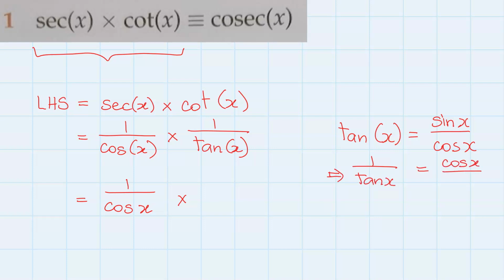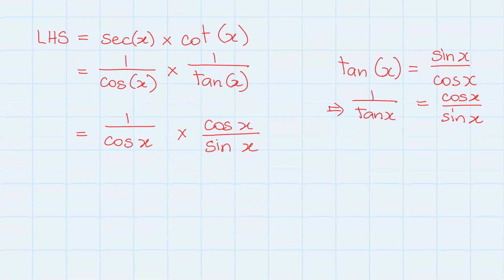You just flip that fraction on the right hand side. So cos x over sine x. I'm going to write that expression in my left hand side expression here. So I've got 1 over cos x times cos x over sine x.